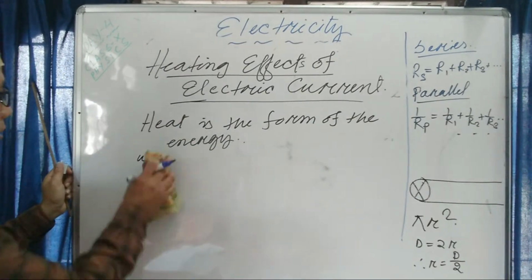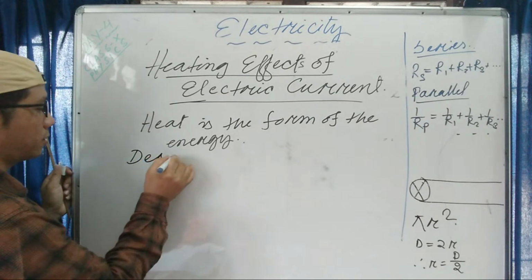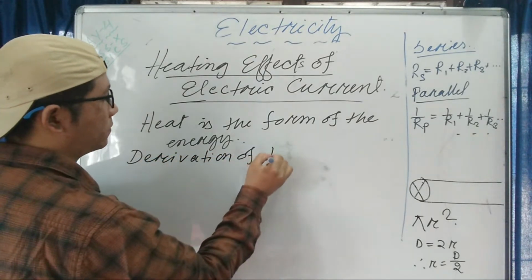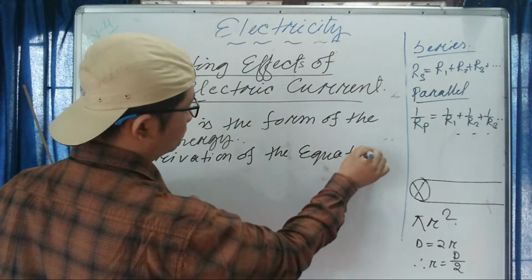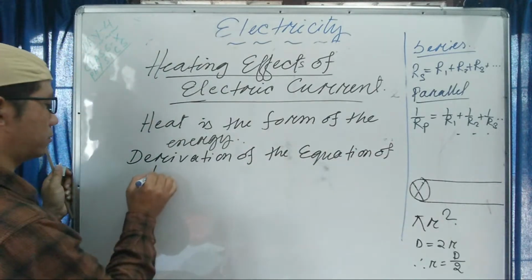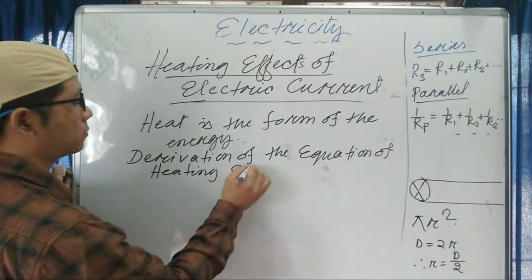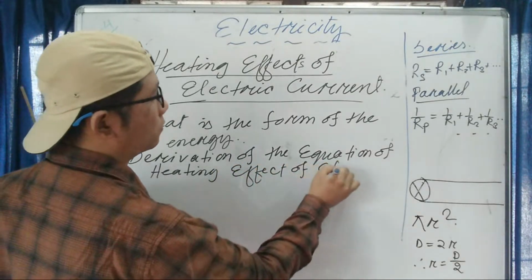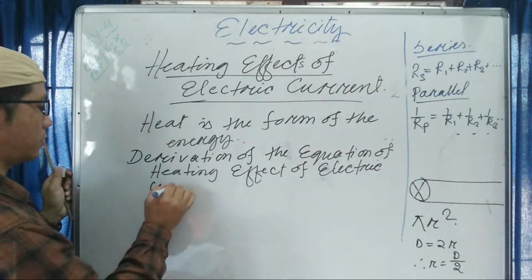It is better to write: derivations of the equations of heating effect of electric current.